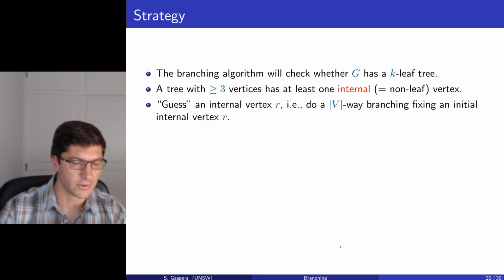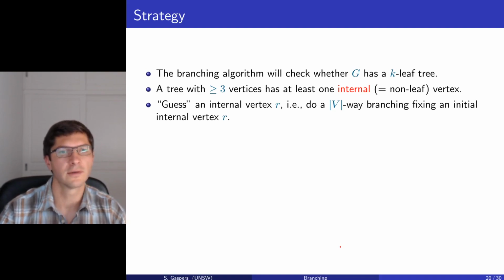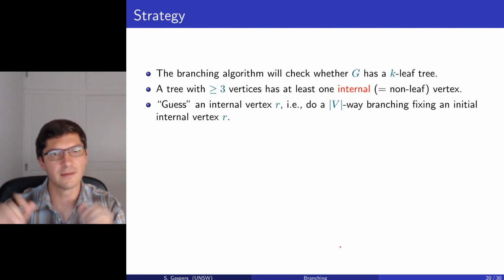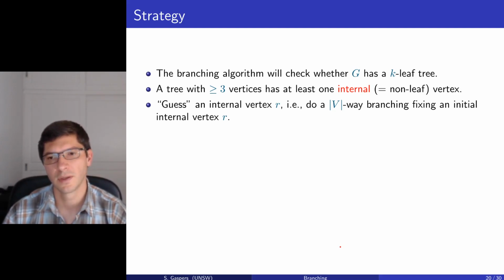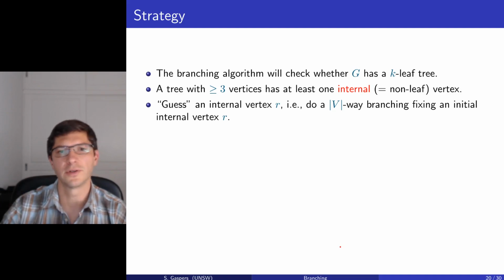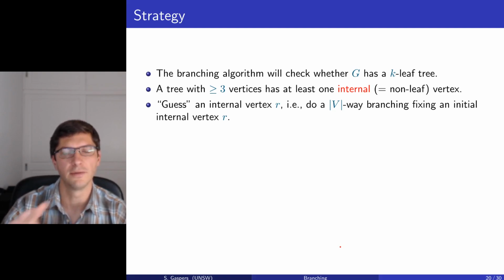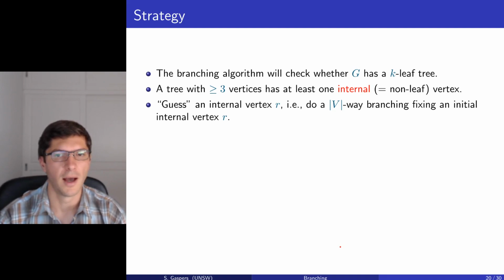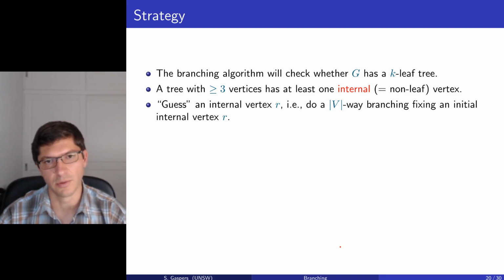Now, for this initial internal vertex, it guesses a vertex R, which means that it considers each vertex of the graph as this initial internal vertex of this k-leaf tree. It does this only once, so this will contribute a linear factor in n on the running time.